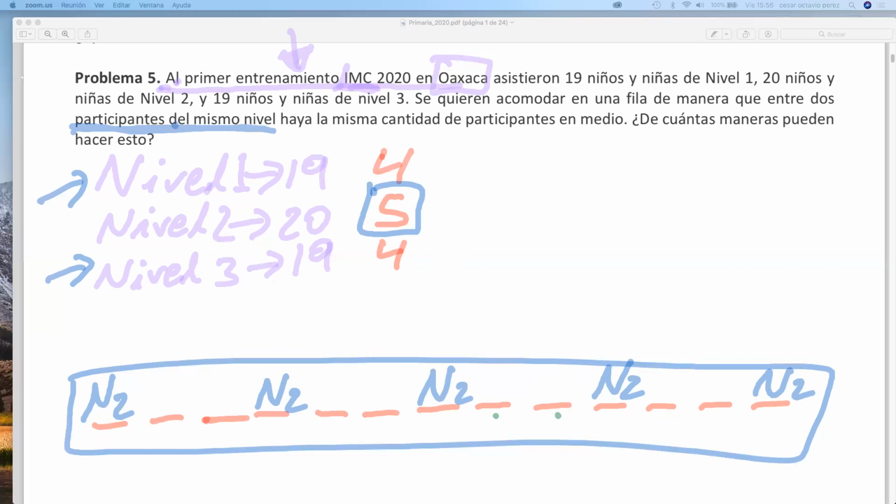And now we need to arrange the problems from level 1. So we could also put it with 2 in between. And we need to put, for example, if we put level 1 here, we need to put level 1 here. I cannot put it here.